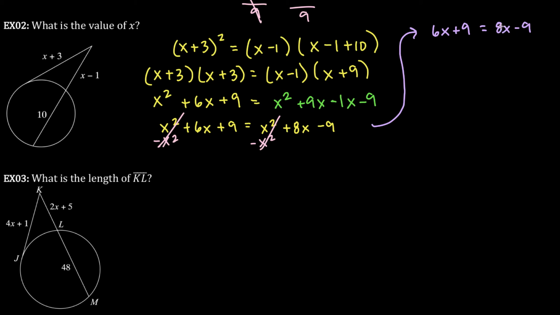Since these x's are larger, I'm going to get rid of these ones instead. And then I get 2x minus 9 equals 9.